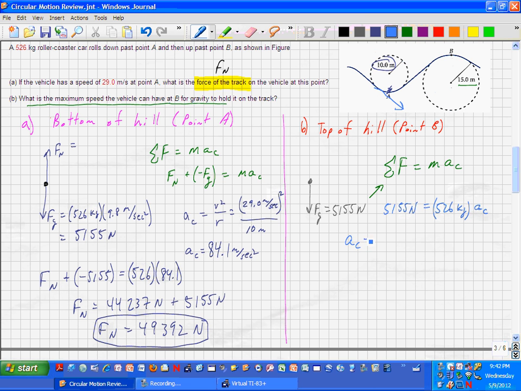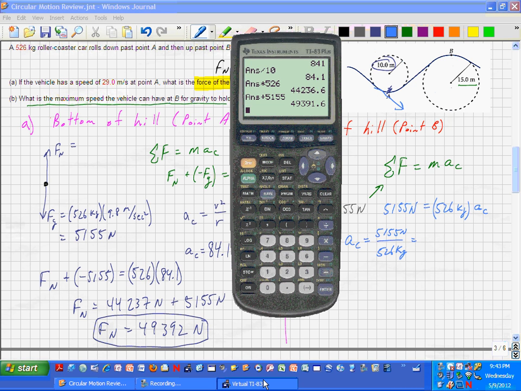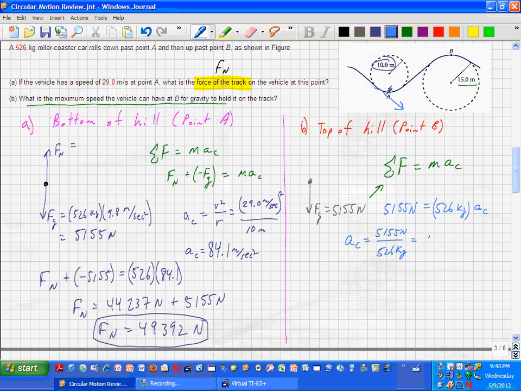That means the acceleration is equal to 5155 newtons divided by 526 kilograms. 5155 divided by 526 is equal to, look at that, 9.8 meters per second squared.